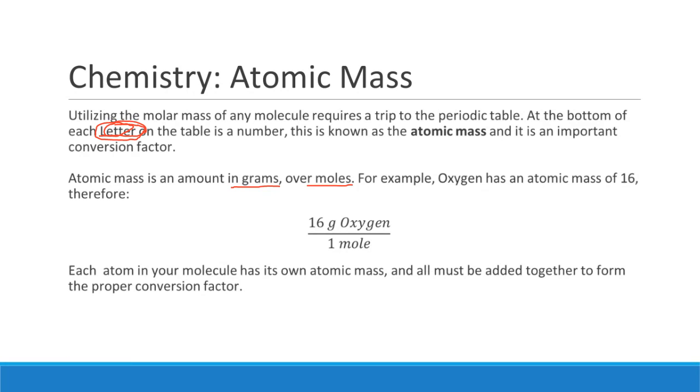So the periodic table is a huge list of conversion factors. It's a massive list of conversion factors, as well as a whole lot of other things that classify elements into periods and groups. But one of the major principal uses of the periodic table is as a list for building conversion factors for using them in chemistry.